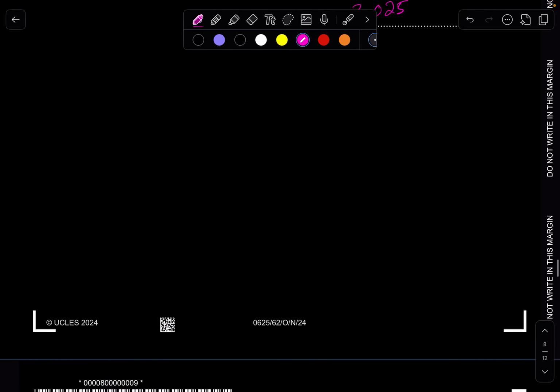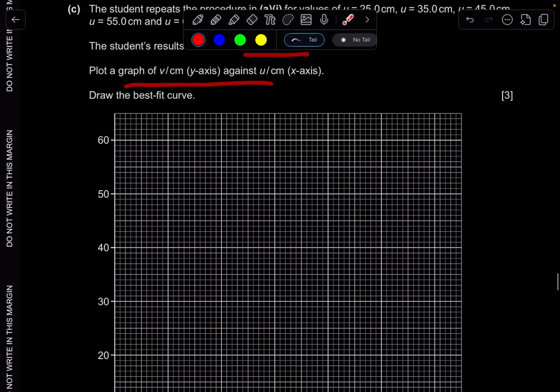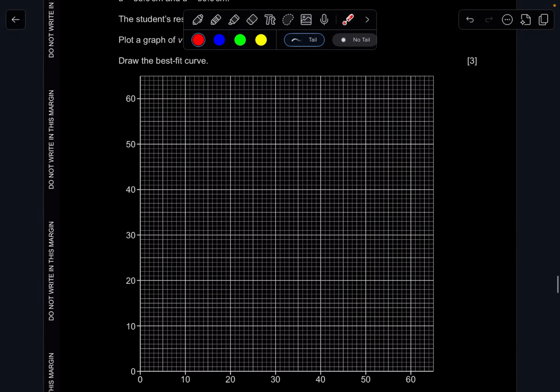Okay, so in the next part, in part C, the student repeats the procedure in A for values of u 25, 35, 45, 55 and 60. And the student results are shown in the table. Plot a graph with V on the y-axis and U on the x-axis, and you have to draw the best fit line. There you have the grid.